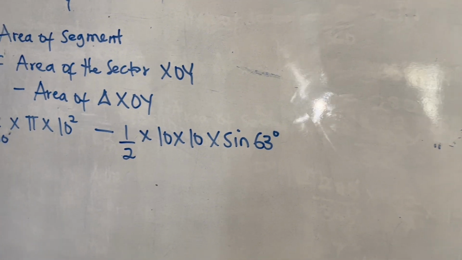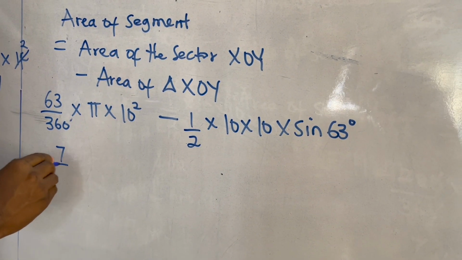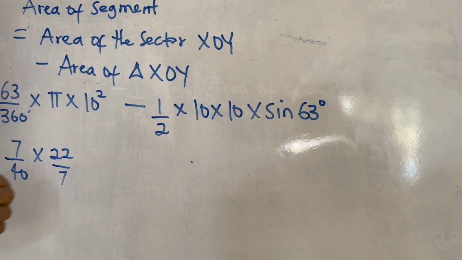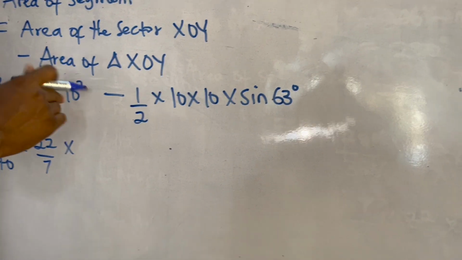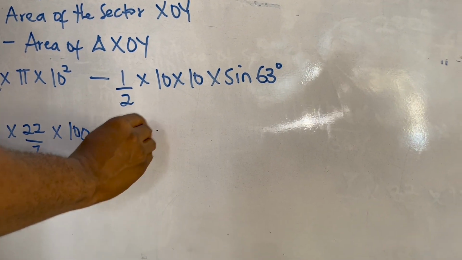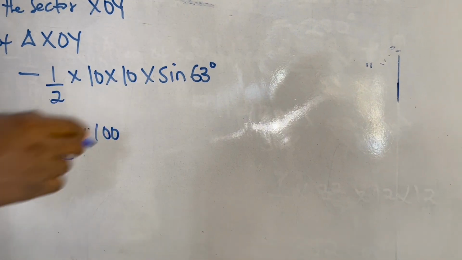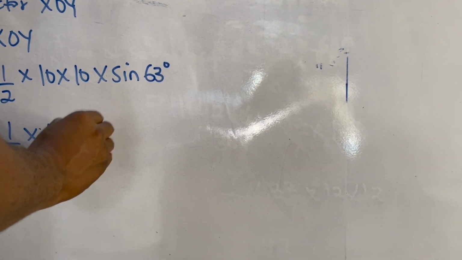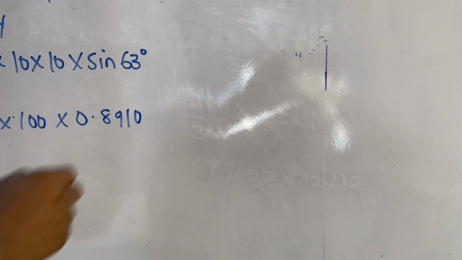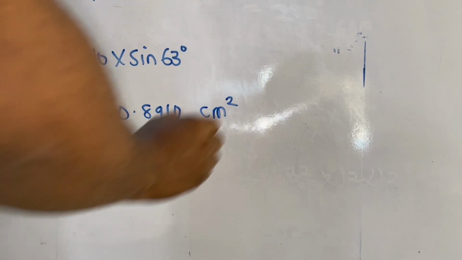So now if you reduce this to its lowest term, we have 7 over 40 times 22 over 7 times 10 squared is 100 minus 1 over 2 times 10 times 10 is 100 sine 63, that will give us 0.8910. Alright, so all these are in centimeters squared.